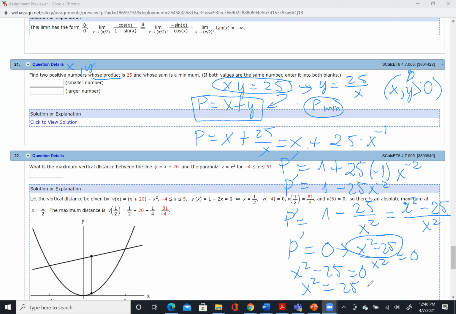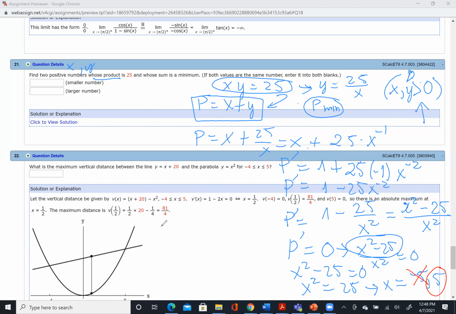And someone says x equals -5 and 5. But remember that the domain is x and y greater than 0, so we don't even need to care about the negative number. Only x equals 5 is the critical number that we care about.